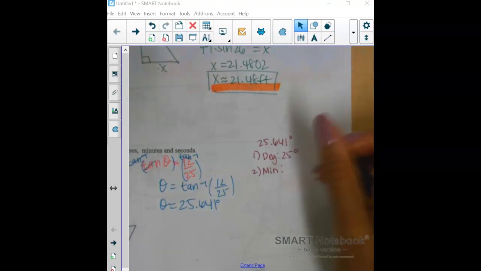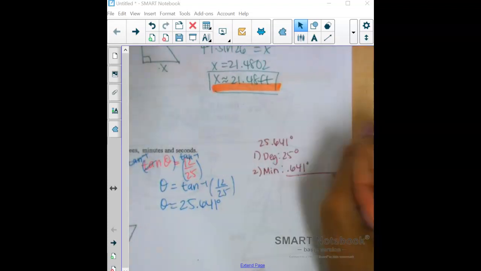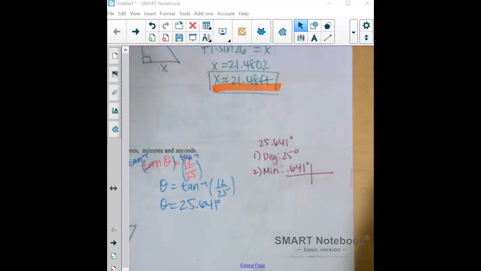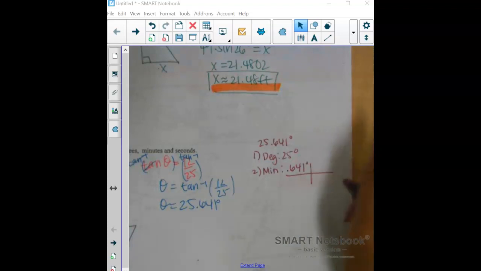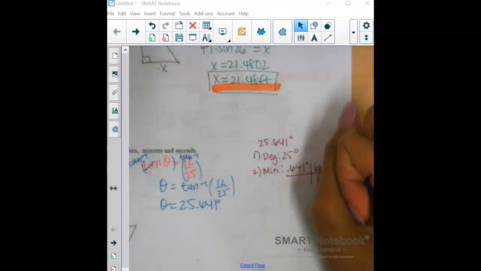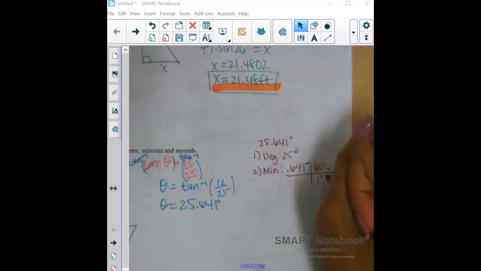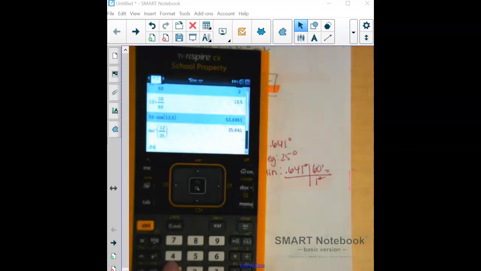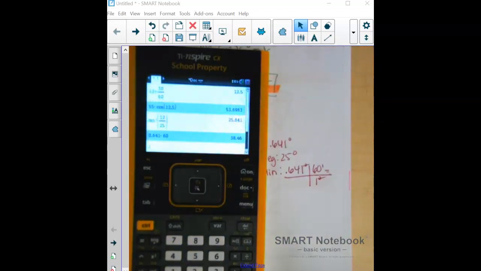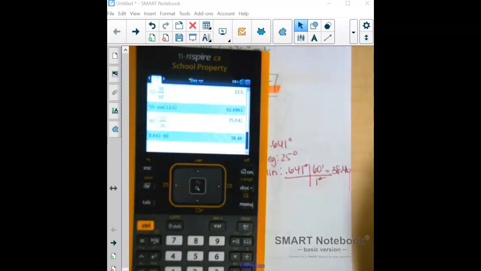So like we did before on the last page, we're going to take that 0.641 degrees and convert that into minutes using the conversion from the last page that we were on, where 1 degree is equal to 60 minutes. So let me go ahead and use my calculator. I can cancel out my units. Make sure you cancel those. 0.641 times 60. So we're going to make this 38.46. That's in minutes.